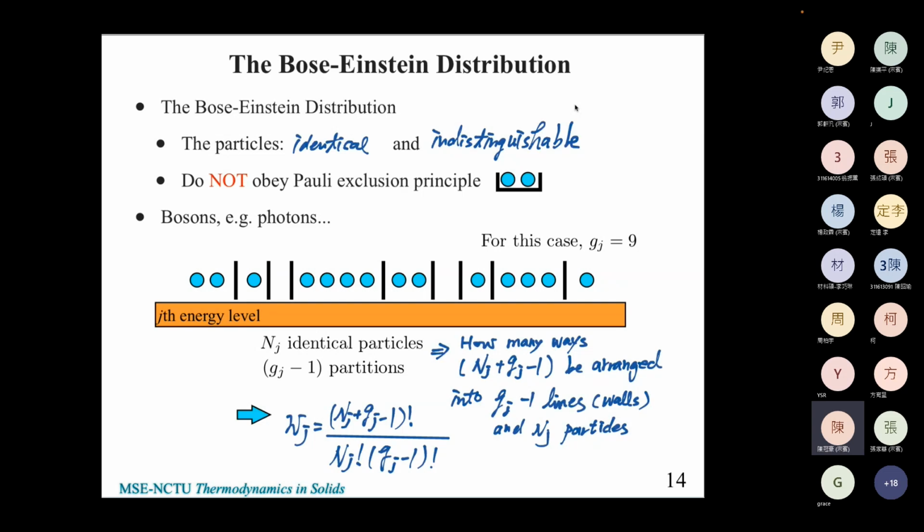In total, NJ plus GJ minus 1 things are in the shelf, and we need to arrange GJ minus 1 lines and NJ particles, NJ books. Okay, so that's how many.